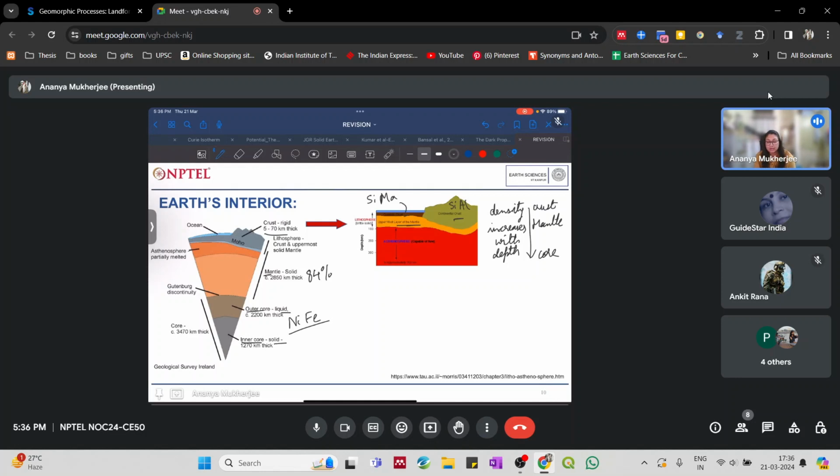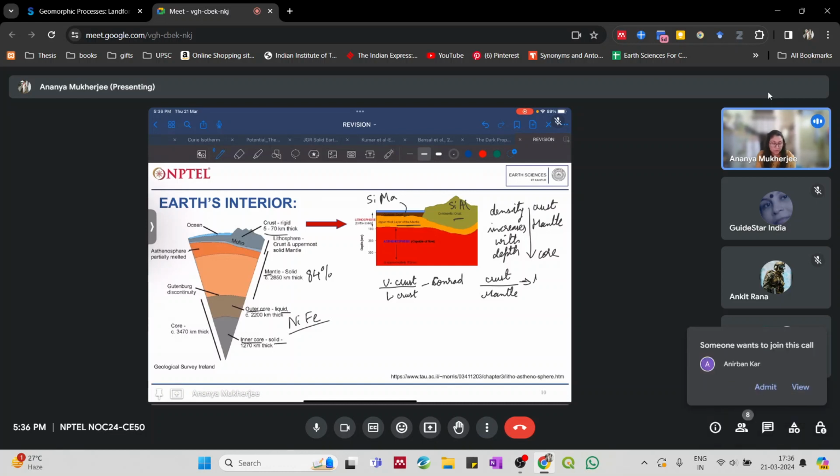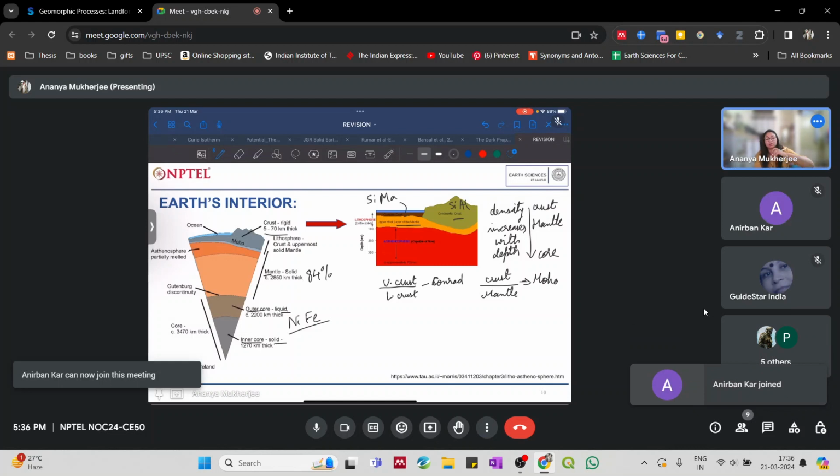And if we see the different discontinuities that are present, the discontinuity between upper crust and lower crust is called the Conrad discontinuity. Then between the crust and the mantle, it is called the Mohorovicic discontinuity. We can just call it the Moho discontinuity.